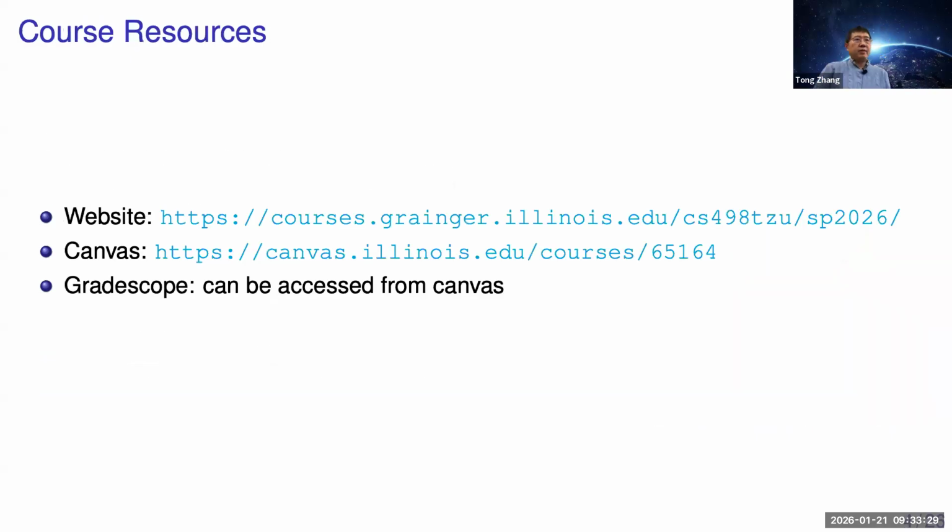Anyway, this is the course resource, mostly Canvas. I think everybody can access Canvas now, right? I made it accessible yesterday, and we will probably have grading later. The website doesn't really have a lot of information, so we will focus mostly on Canvas. There are actually multiple sessions, but I just updated one session.